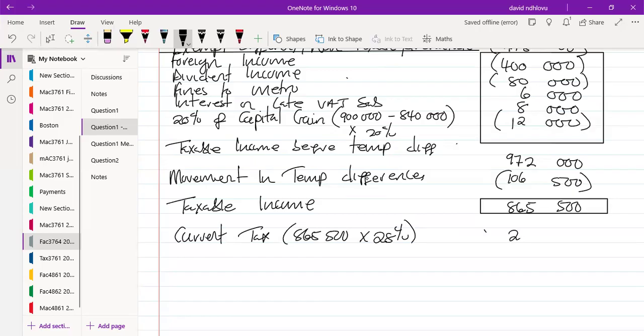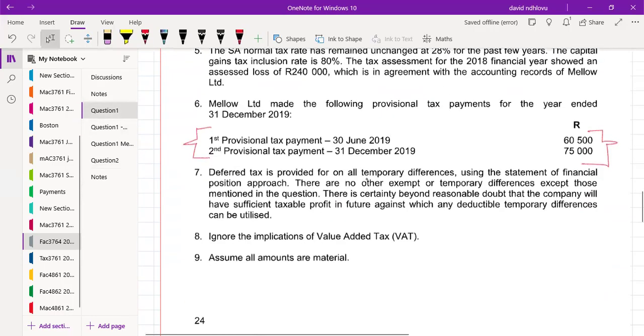Then you are going to have a figure of 242,340. Then you say less provisional payments. Remember, some of these figures you have already paid. Your provisional tax payments were given. You paid 6,575.